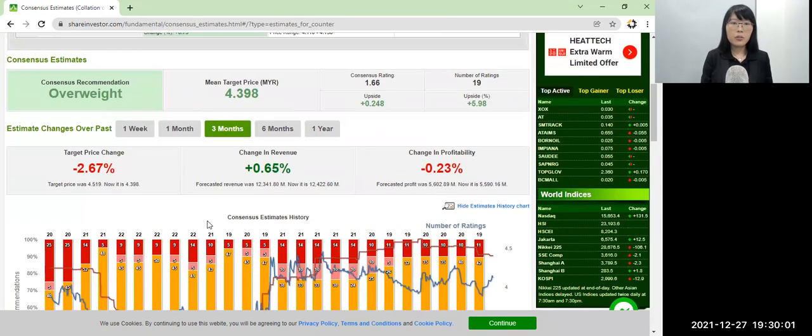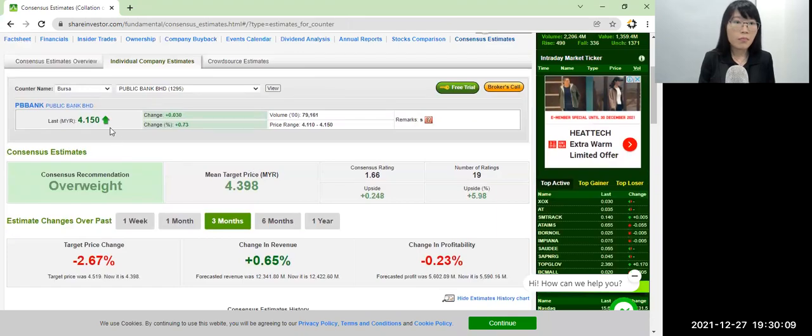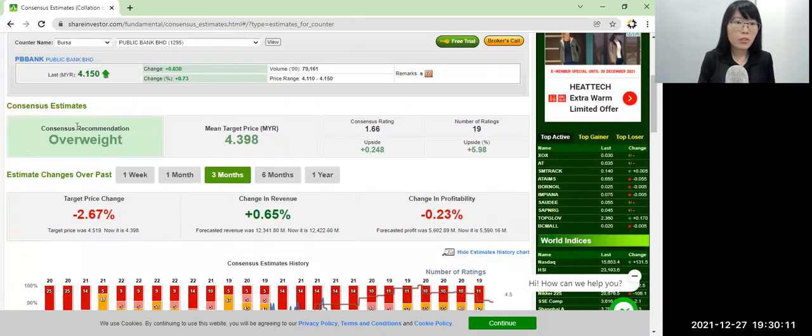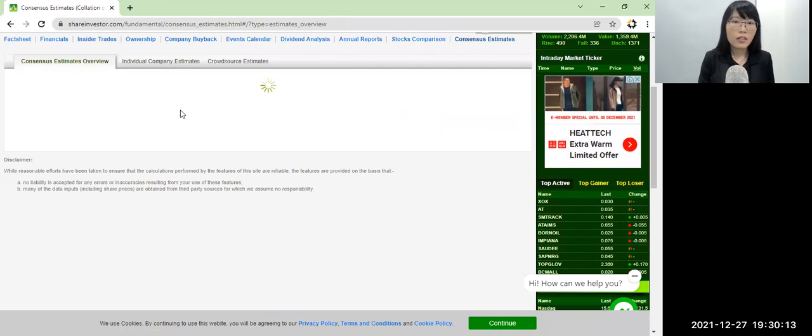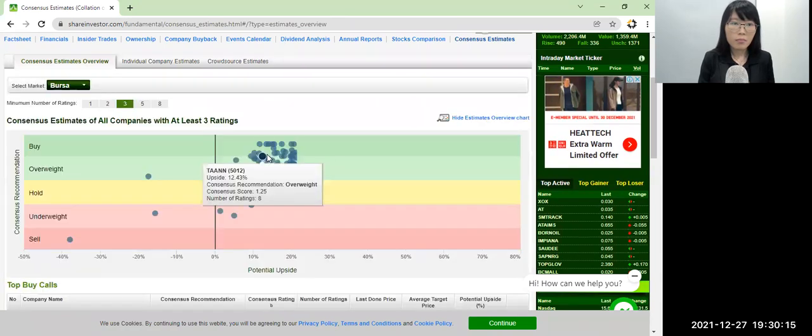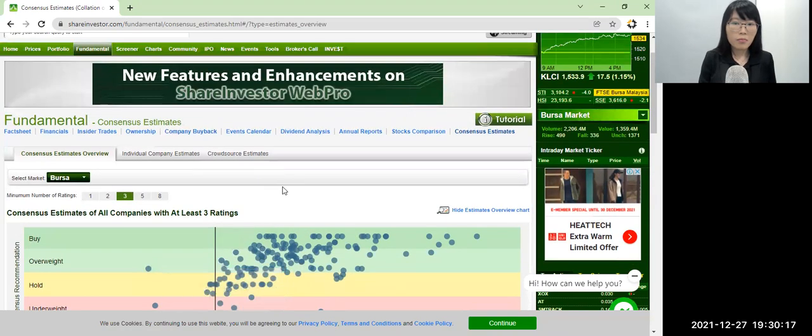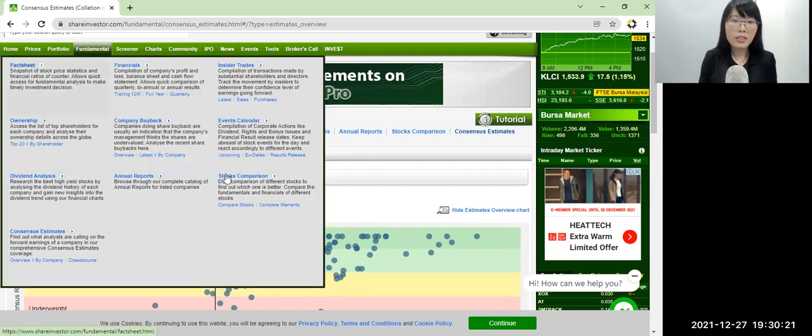Okay, so based on this, you can see the consensus estimate for 3 of the banks. Let me go back to the stock comparison.